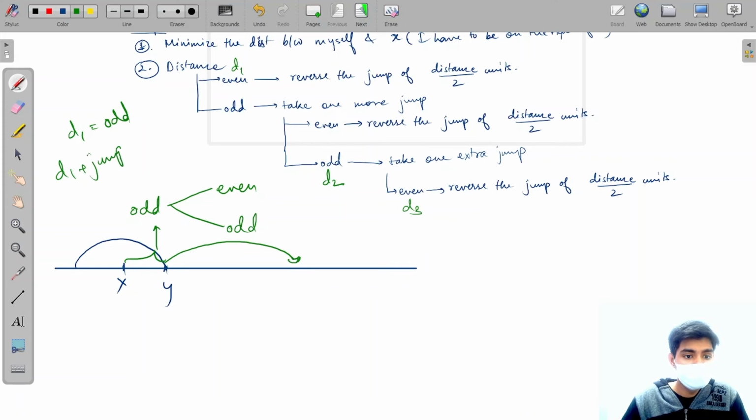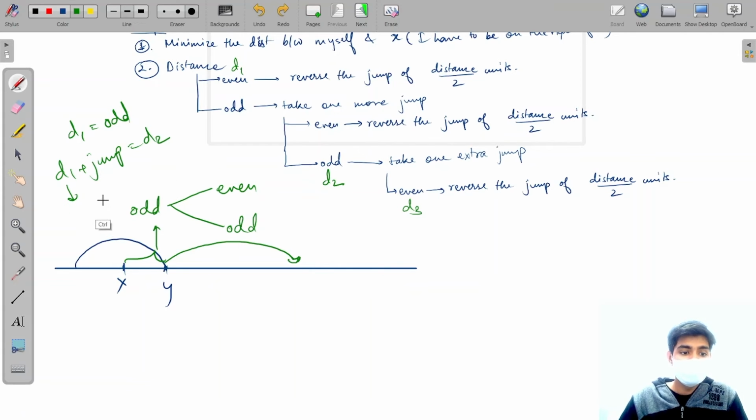d1 plus jump will be my d2. I'm saying that this is my distance d1 and I took one more jump, so d1 plus jump is d2. If my old distance is odd, and this jump is odd as well, then d2 will always be even. That is the case of even: if both of them are odd, it gives me even.